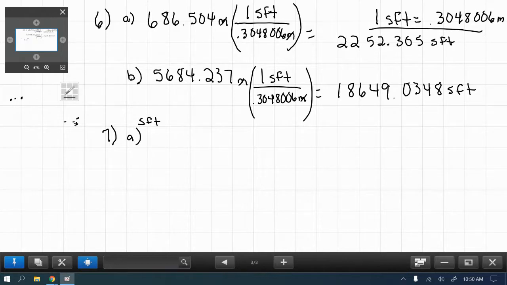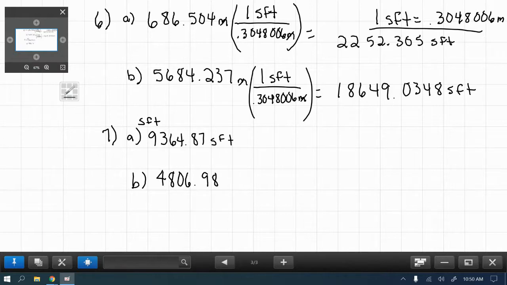Oh, my paper's touching the board. So we want our answer in meters.